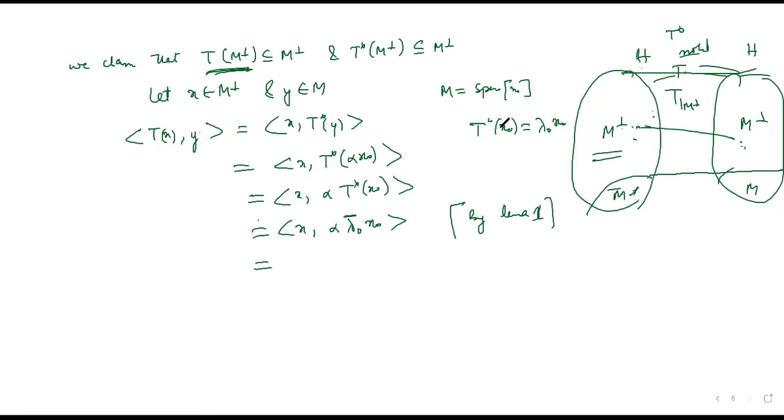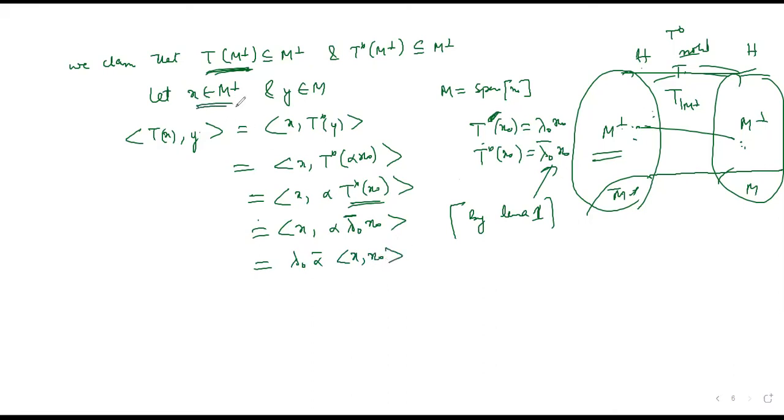Lemma 1 में ये था कि अगर T of X naught is lambda naught X naught, then T star of X naught will be equal to lambda naught bar X naught. That's lemma 1. अब इसको बाहर निकालेंगे तो यहाँ पे lambda naught आ जाएगा, alpha bar आ जाएगा और X naught आ जाएगा.